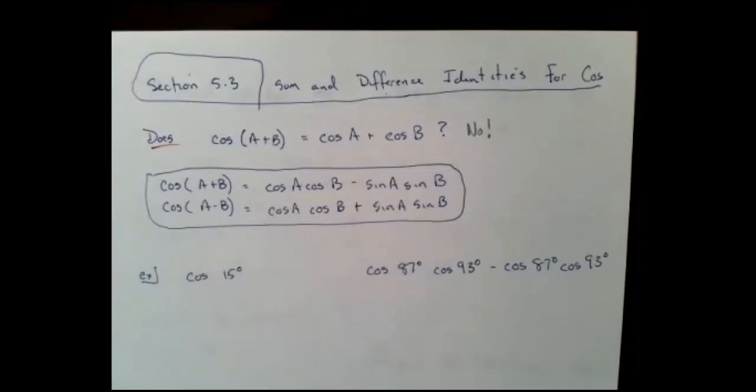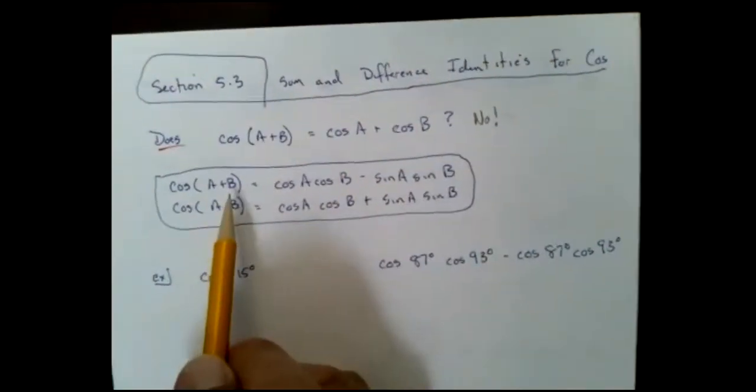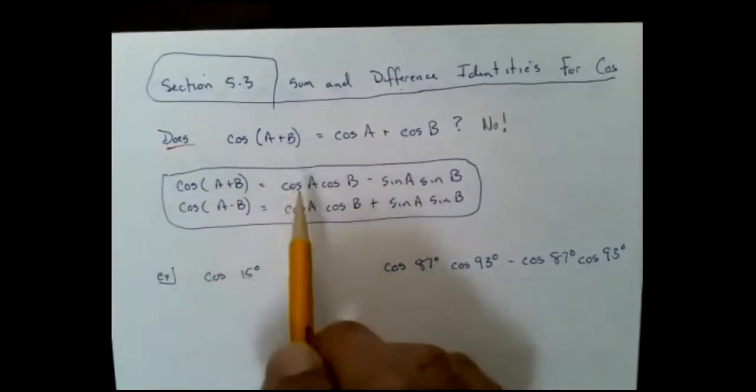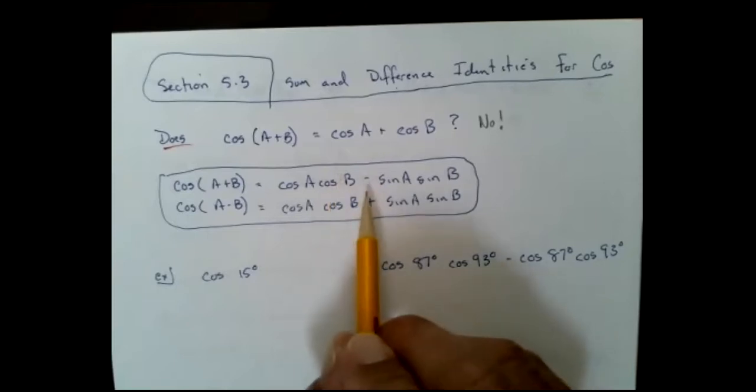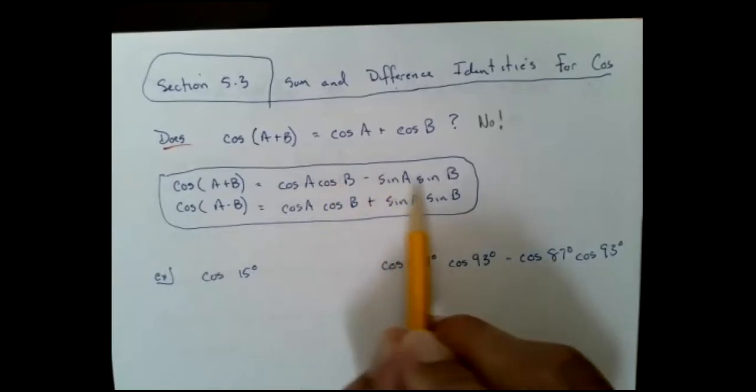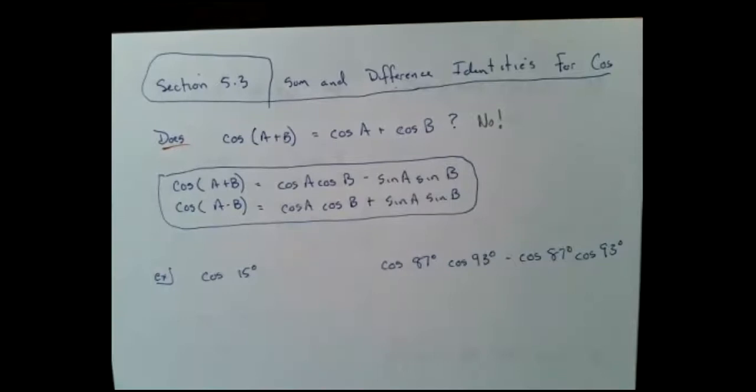The first 2: what does the cosine of a sum equal? The cosine of A plus B equals cosine first, cosine second, minus sine of the first, sine of the second. And thank goodness somebody went and proved that for us, so we don't have to do it.